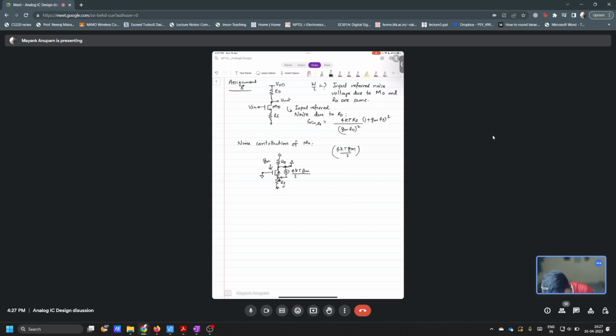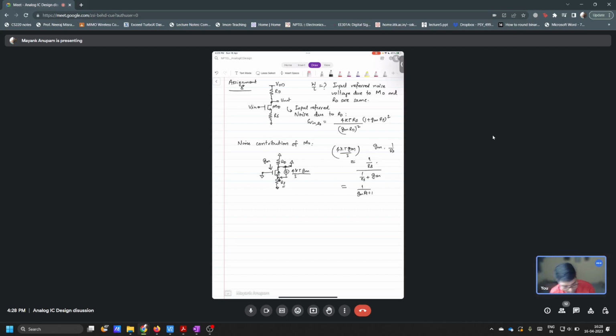This current will split into GM and 1 over RS, right? And what is the ratio of splitting, in terms of GM and RS? In the RS it will be 1 over RS divided by 1 over RS plus GM, correct? Yes, sir. And that is equal to 1 over GM RS plus 1, correct? Yes, sir.